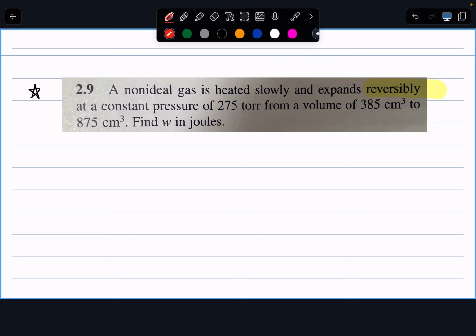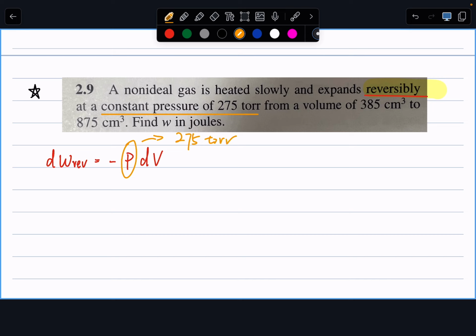So the way to read it, we see the gas expands reversibly. Because it is expanding reversibly, we can use dW reversible equals negative PdV. And in here, we also read that my pressure is constant. So I know my pressure is constant.